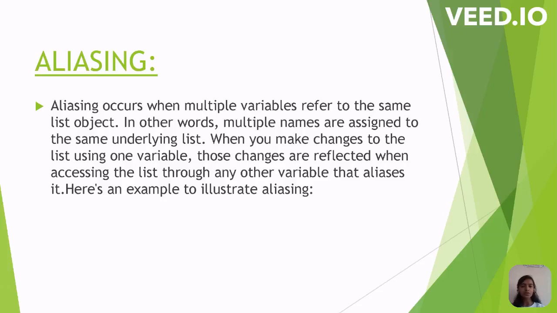Here is an example to illustrate aliasing. Aliasing means creating a new reference to an existing list. In other words, two or more variables pointing to the same list object in memory. When changes are made to one variable, it also affects the other variables pointing to the same list.